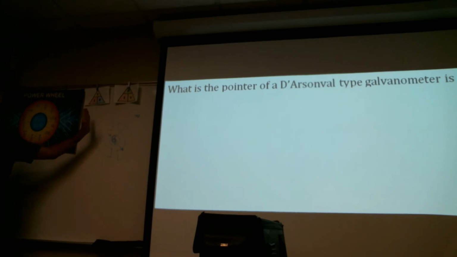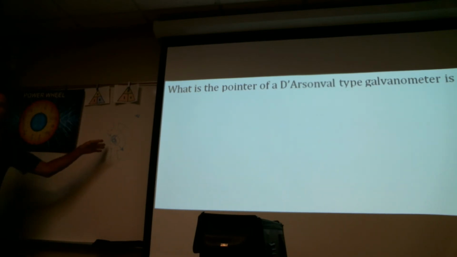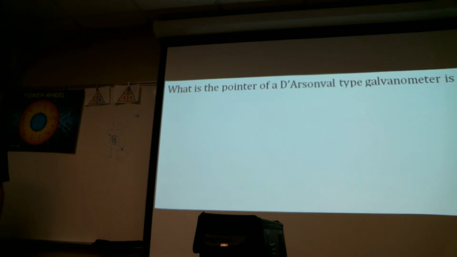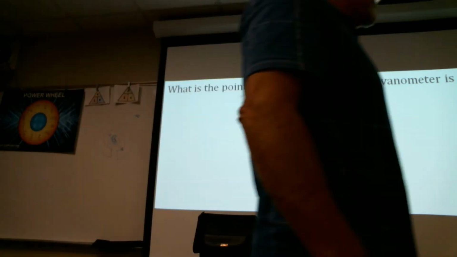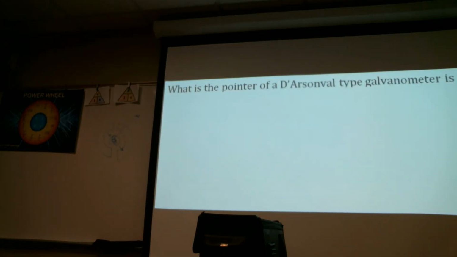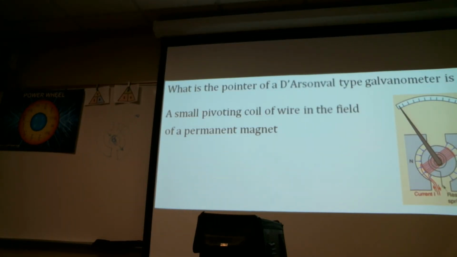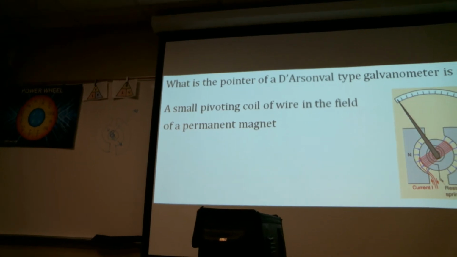And it's fighting that spring. So it's a balance between the amount of current we put through it and that spring pressure. So the answer to this question is a small pivoting coil of wire in a field of a permanent magnet.